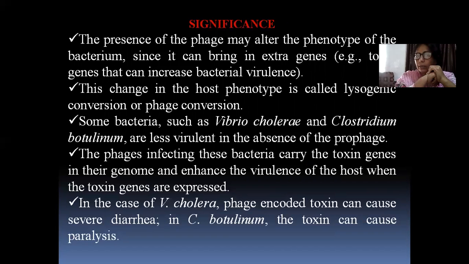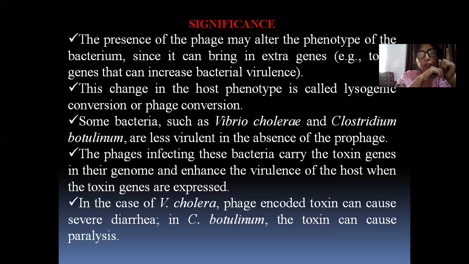Some bacteria such as Vibrio cholerae and Clostridium botulinum are less virulent in the absence of prophage. If the viral DNA is not present in bacteria such as Vibrio cholerae or Clostridium botulinum, they are not so virulent, or they may not cause disease.